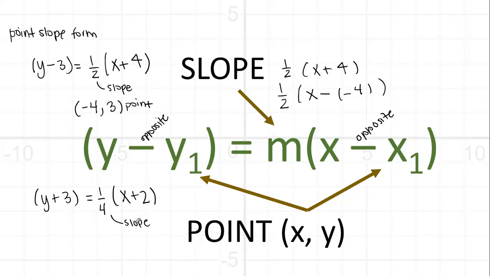I think that's what you said, Noah. 1/4, because it's replacing the m in the equation. What is the point that this is giving you? -2, -3, because it's both opposite. So awesome. So this is the point that it's giving you.